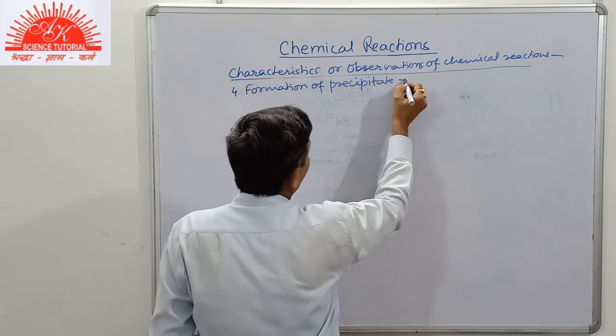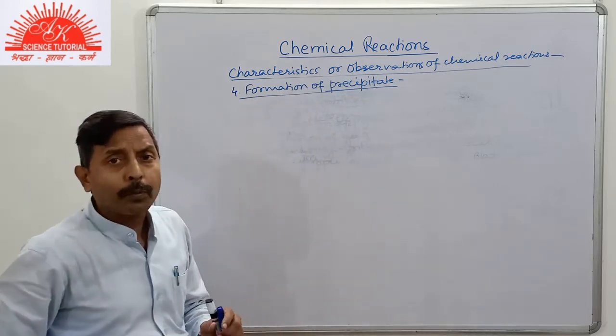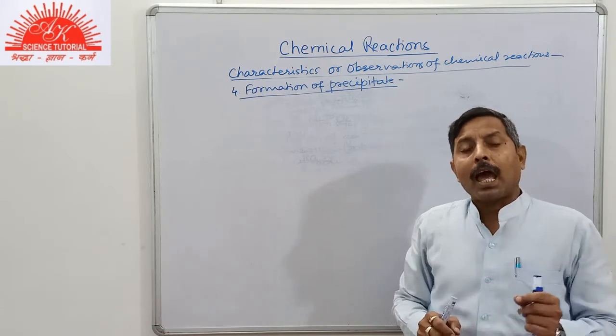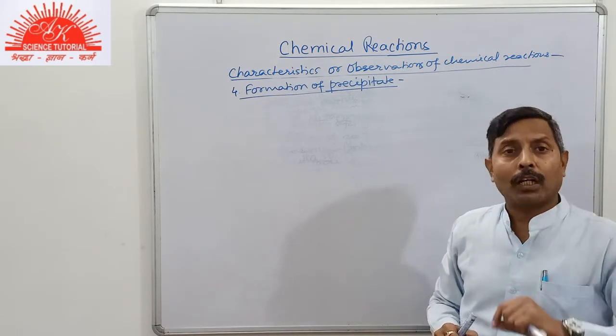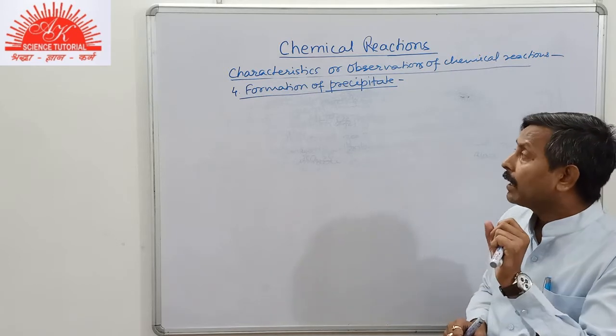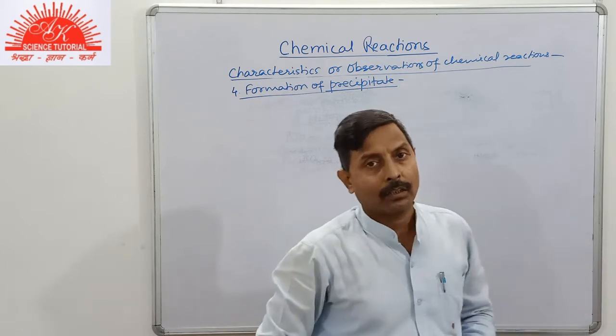As we know, when a reaction takes place between two solutions and the product formed is insoluble, then it is called precipitate, and that type of reaction is called precipitation reaction.